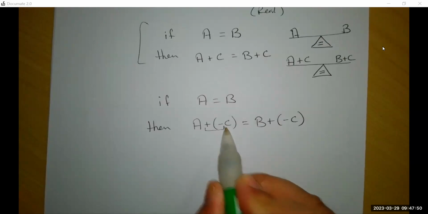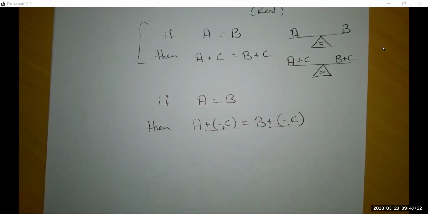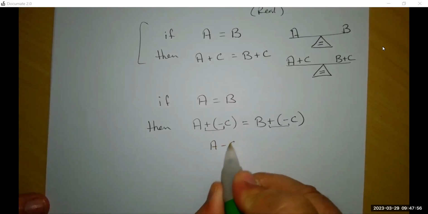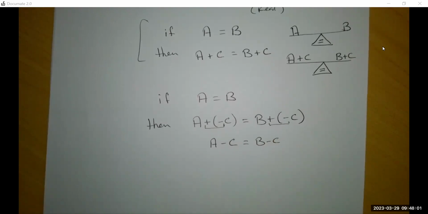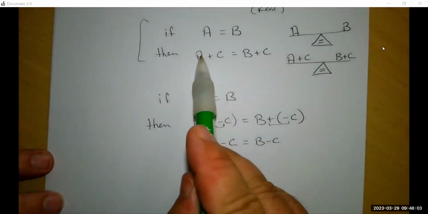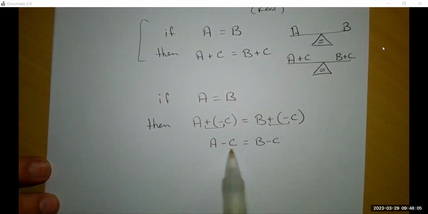Okay, we have two signs next to each other. What do they become? You can only have one sign between them. Right. So it becomes A minus C equals B minus C. So the same thing. If I add a number to A, I have to add it to B. If I subtract it from A, I have to subtract it from B.